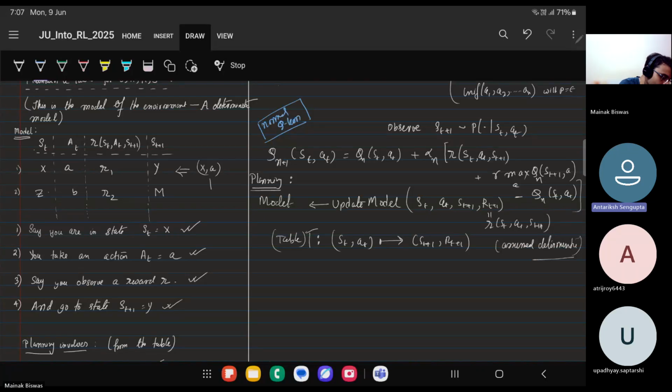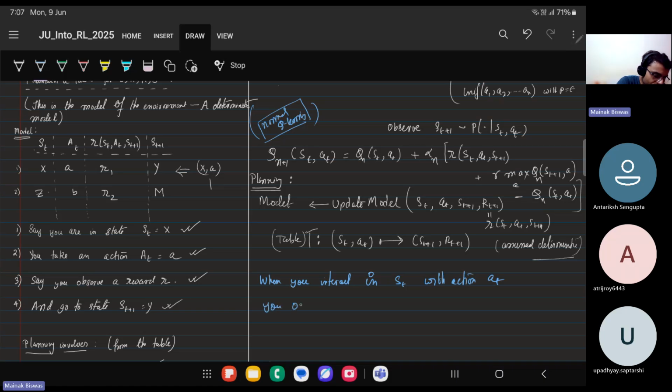I just didn't follow the last minute. So what I was trying to say is, for a particular state and action, when you interact in state ST with action AT, you observe ST plus 1 and the reward of ST, AT, ST plus 1 is, say, RT plus 1.